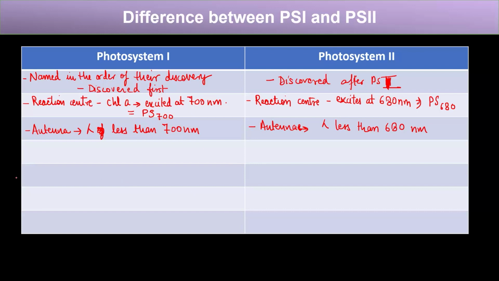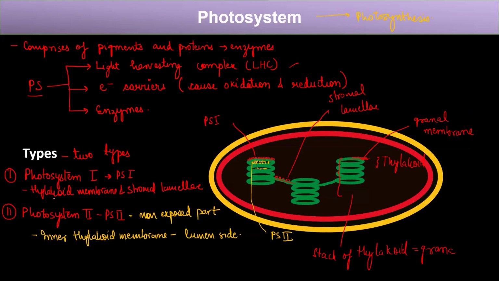Okay. Now, we have seen in the previous slide also the location. Photosystem 1 is present in the non-appressed part, right? Non-appressed means that it is exposed. So it is present in the non-appressed or exposed part. And we know what that part is. That is your thylakoid membrane and stromal lamellae.